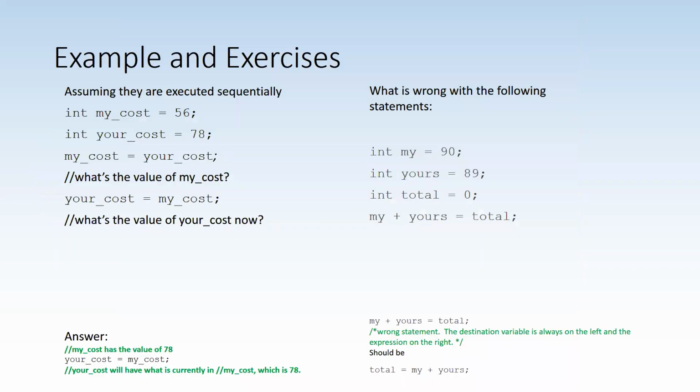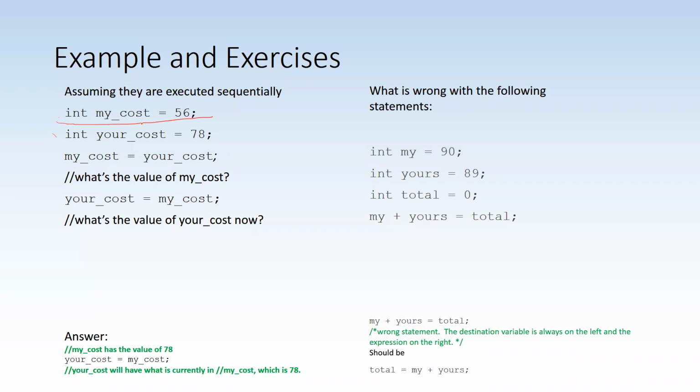Okay, let me see, look at these examples and exercises. A little bit of exercise. Assuming they are executed sequentially, that means one after the other, they execute. So this is called variable declaration with initialization.